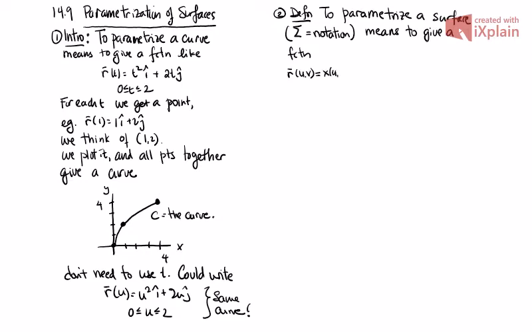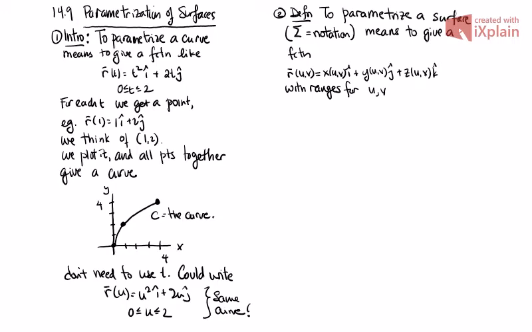So we'll write x of u and v i plus y of u and v j plus z of u and v k. And the same deal, we're going to give ranges for u and v. Those will typically be given by inequalities, just like for t. We'll see those as they come.